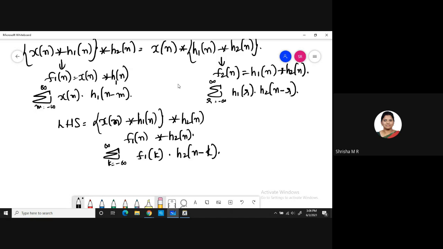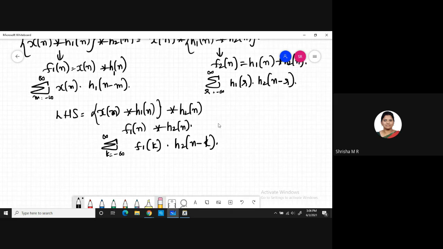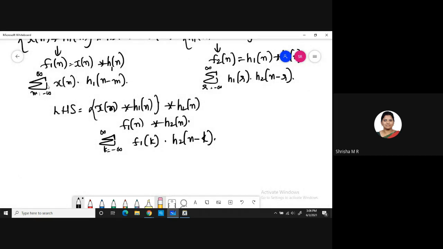What is this f1 of k? It is nothing but f1 of n, just replacing n with k.